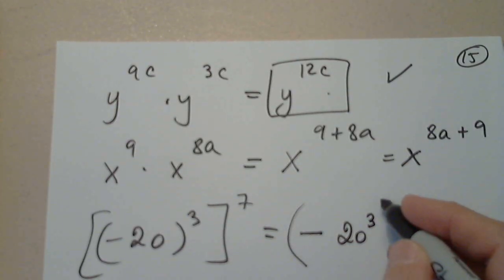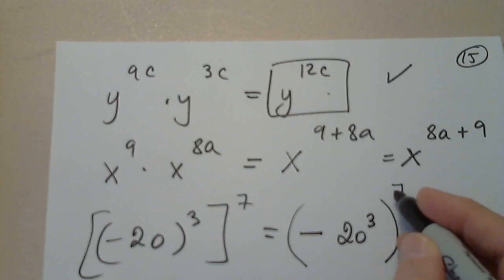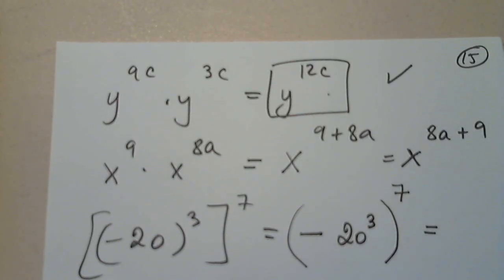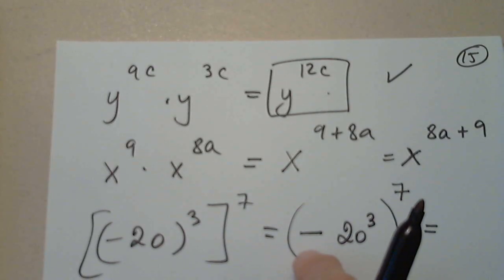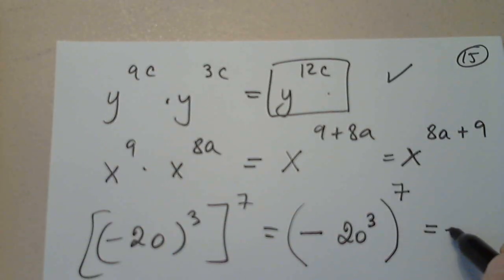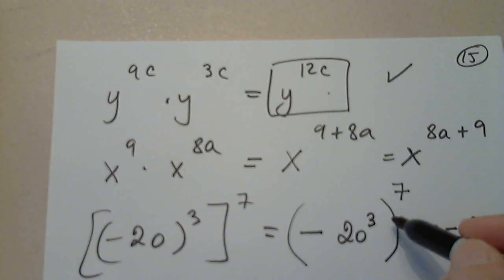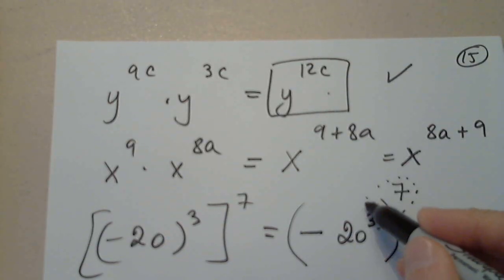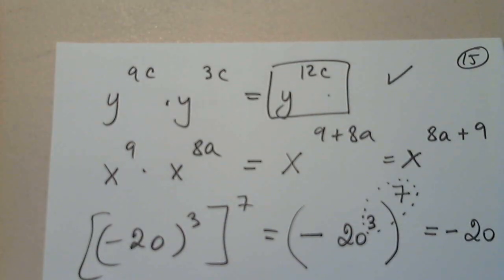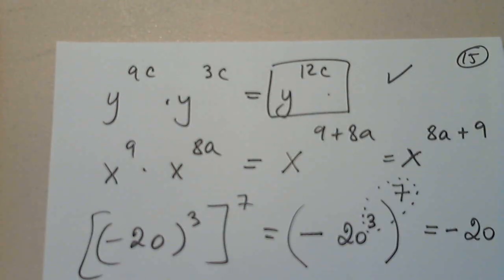Now everything has to be raised to the 7th power. I start with negative 1 to the 7th power, which is still negative. I copy the base. And what do I do with these exponents? Which operation do I perform there?